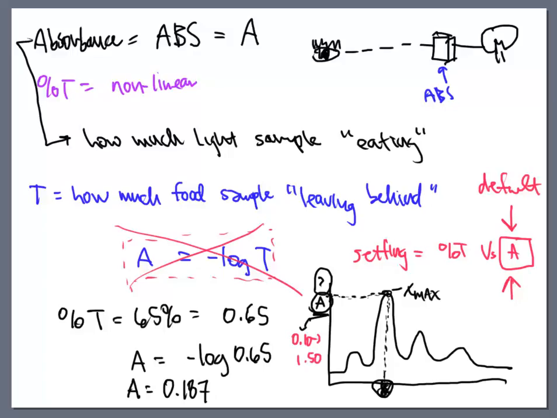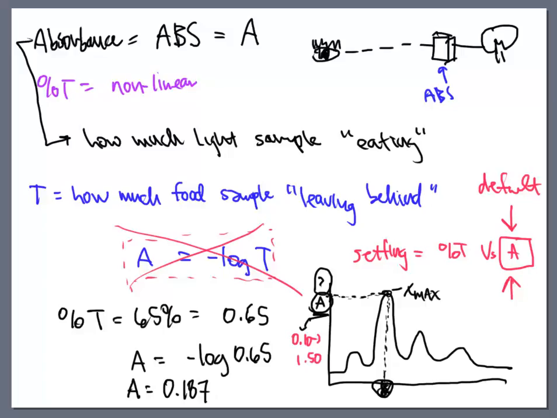If it is lower than 0.1, that means they shouldn't be really using a plate, and that also means that my compound is too weak. If the absorbance is higher than 1.5, that means they need a couple of plates to get that food back to the table, but that also means that my compound is way too strong. I need to make it weaker to properly analyze it on a UV spectrometer.